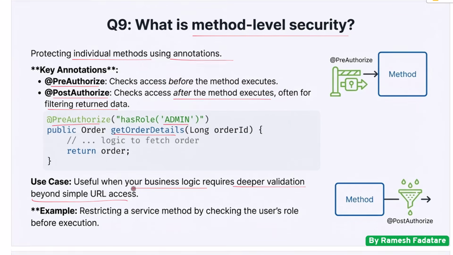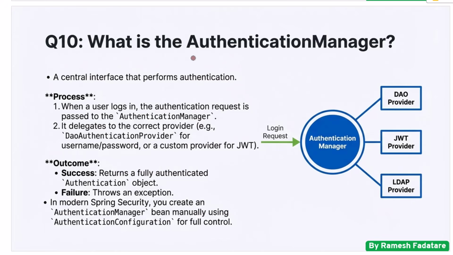The 10th question is, what is the Authentication Manager? Authentication Manager is a central interface that performs authentication. When a user logs in, Spring Security passes the authentication request to the Authentication Manager. It then delegates to the correct provider, such as DAO Authentication Provider for username and password, or JWT Provider for token validation.